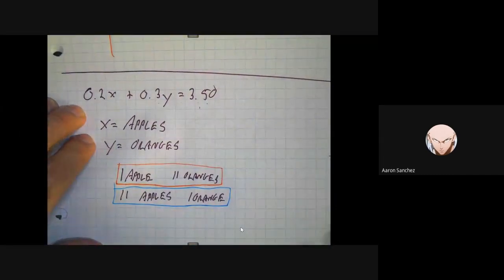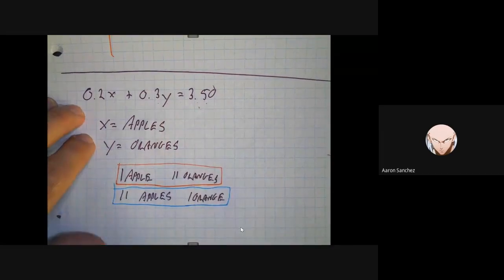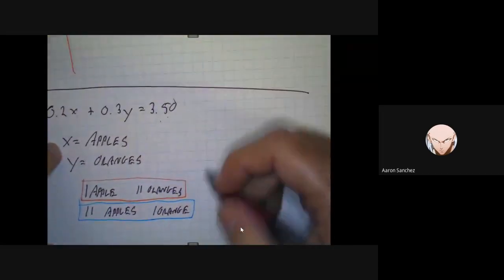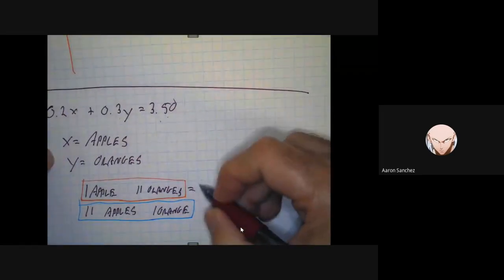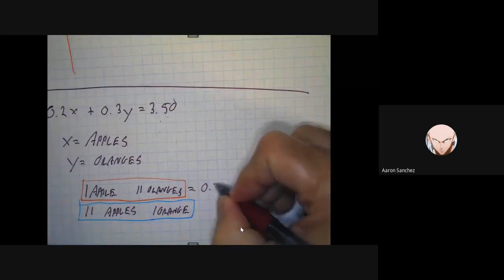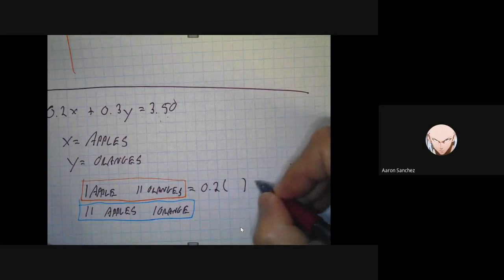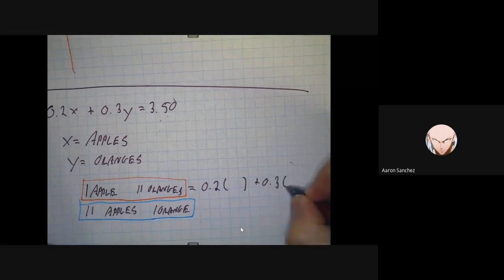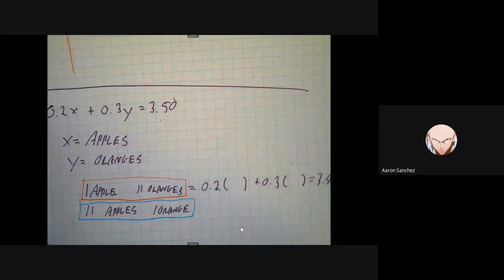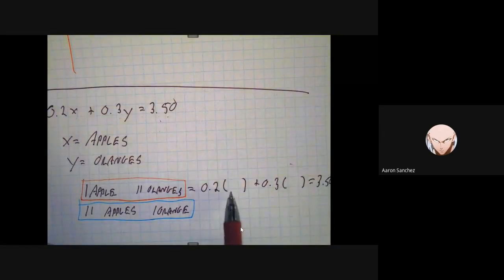So you just basically plug in 1 for apples and 11 for oranges and see if it works. So here's how you would do this. Let's do the orange first. If I go 0.2 times x plus 0.3 times y equals 350, okay? So what should I plug in for my x here?